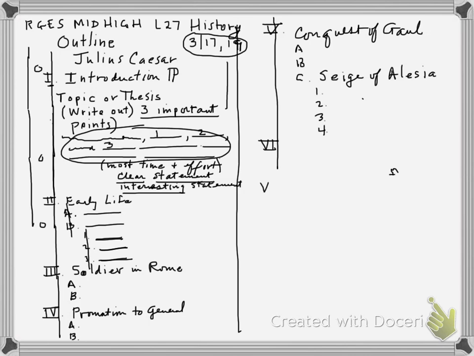You have Roman numeral 6, Roman numeral 7, Roman numeral 8, Roman numeral 9. Let's say about that point you're running out, you're down to his assassination. So Roman numeral 10.